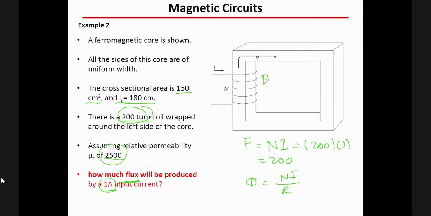R will be equal to LC, the length, which is 1.8, over 4 pi multiplied by 10 to the power minus 7, 2500, 150, 10 to the power minus 4. And that's it. Any question? Clear.